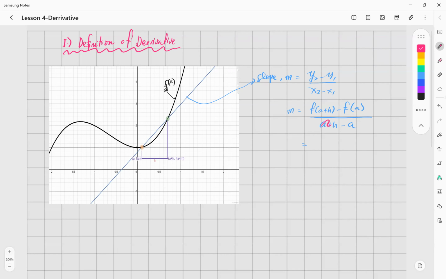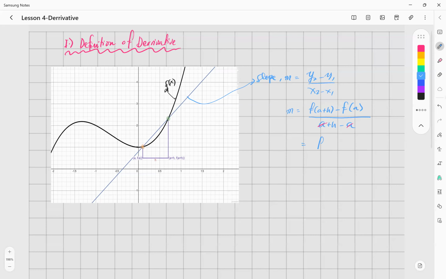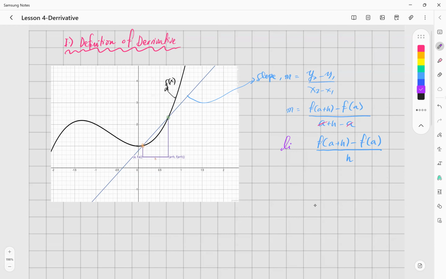Therefore, you cancel out the a minus a, and you are left with f of a plus h minus f of a, divided by h. But then you want to bring this closer, therefore you take the limit when h approaches 0. This is the slope of the tangent line.